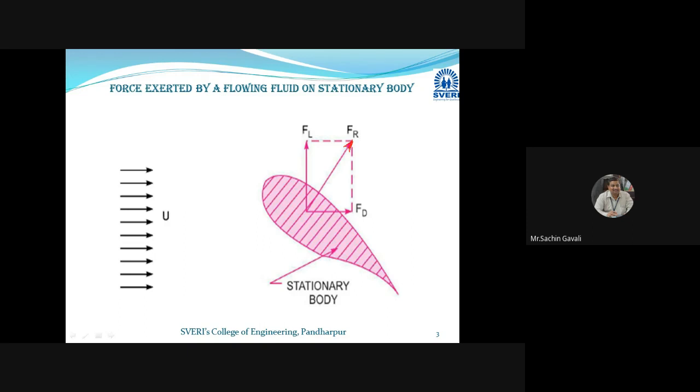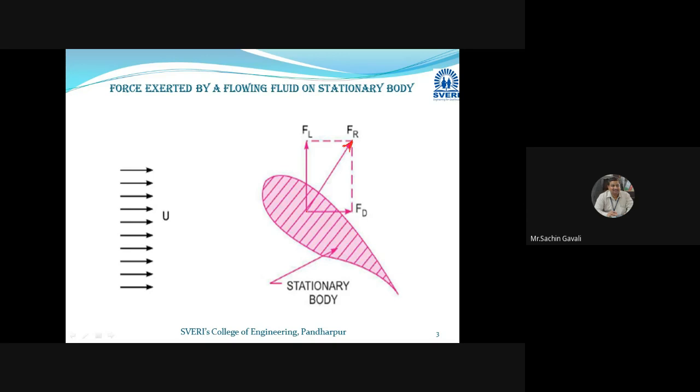One is in the direction of the fluid, the horizontal or tangential direction, and one is perpendicular to the direction of the fluid. Everybody knows resolution of forces from basic mechanics, applied mechanics, and strength of materials. So this Fr is resolved into two components.